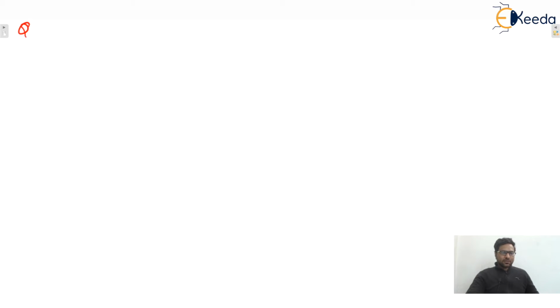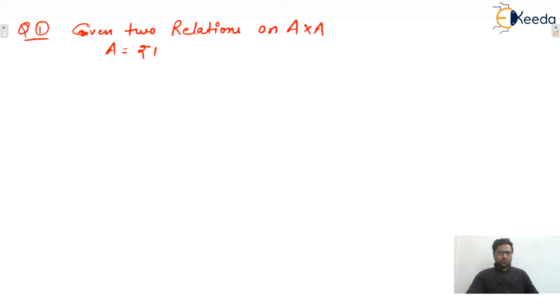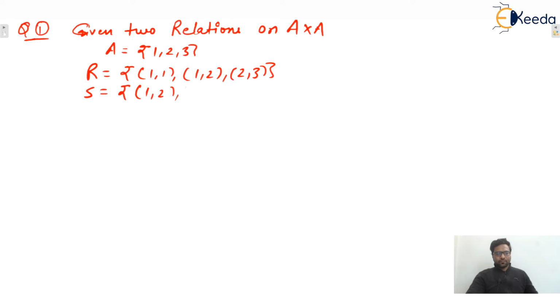So write down the first one. Let us consider question number one. Given two relations on A cross A. Let's say set A is given to you as {1, 2, 3}, and relation R is given as (1, 1), (1, 2), (2, 3). Relation S is given as (1, 2), (2, 3), and (3, 3).